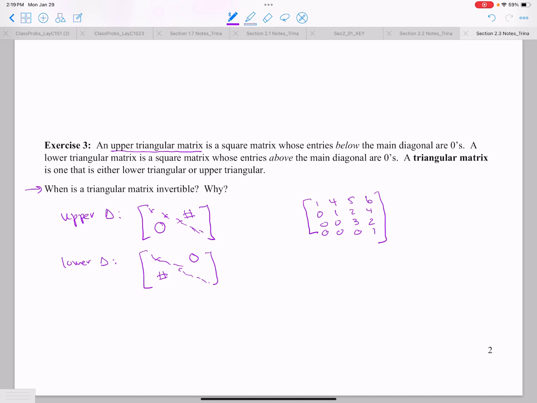If I just changed one value, maybe if I change this to a 0, now I only have 3 pivots. So as long as my diagonal entries are non-zero, then the triangular matrix is invertible.